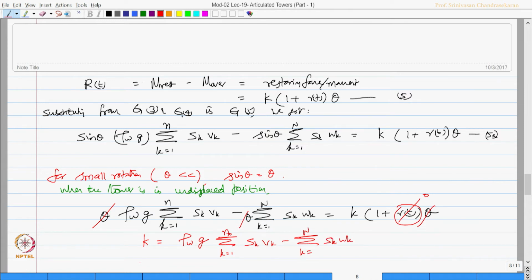Now, you may introduce a new term n 0, where n 0 is the total number of segments when the tower is undisplaced.